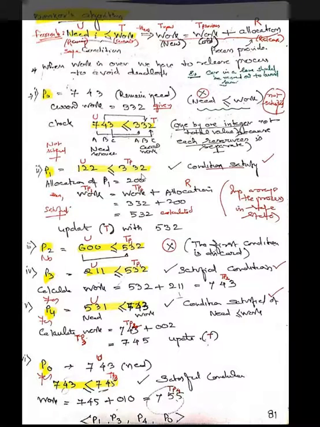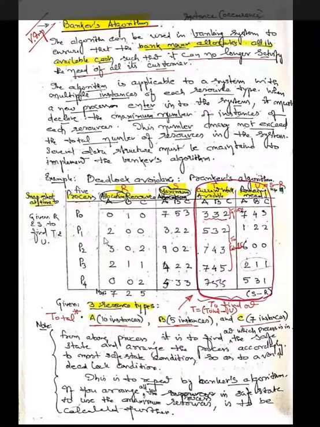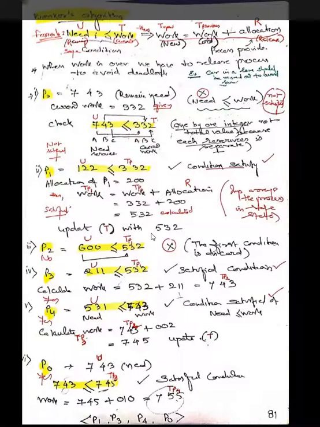Work is equal to the current available resources plus the allocation, so 200 is added to 332, giving 532.